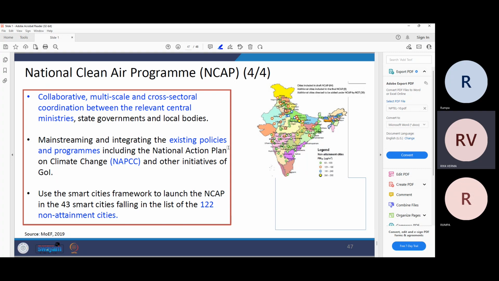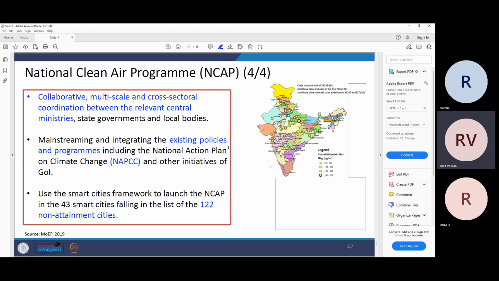Mainstreaming and integrating the existing policies and programs, including the National Action Plan on Climate Change (NAPCC) and other initiatives of the Government of India. And these use the Smart Cities framework to launch the NCAP in the 43 smart cities falling in the list of the 122 non-attainment cities.